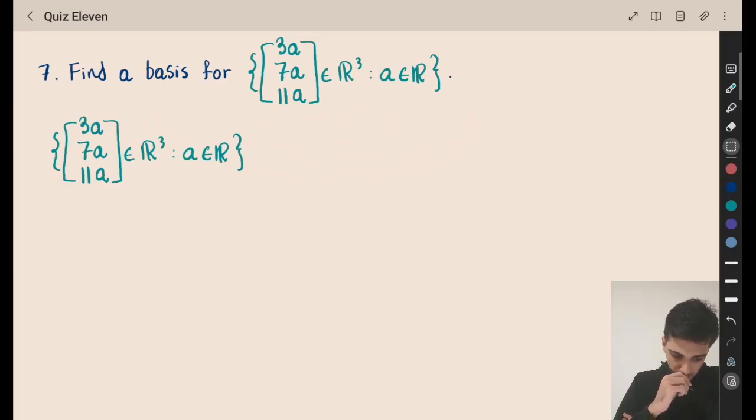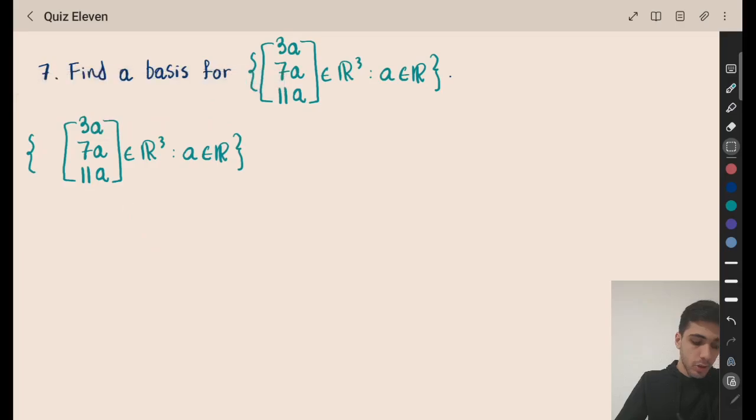So I have this vector space. I make a very interesting observation. These are all the vectors that are inside of the vector space.